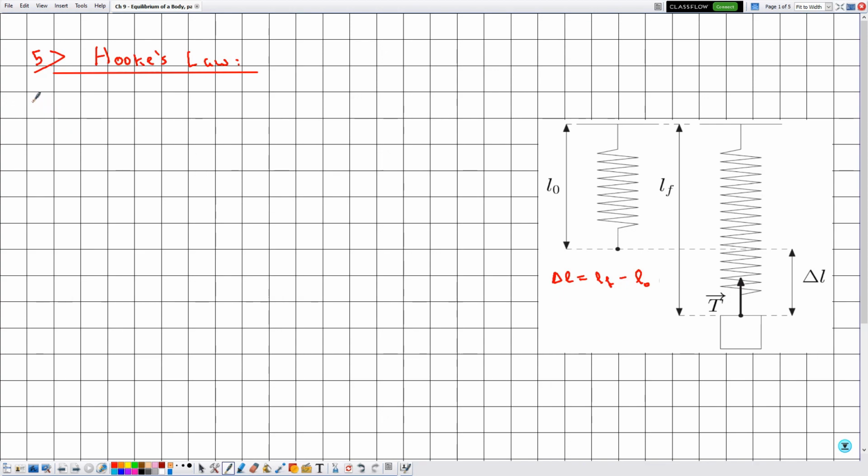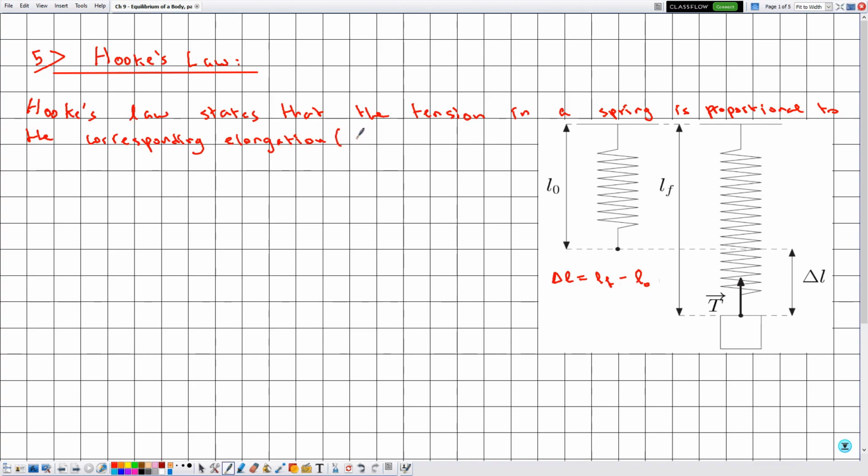So let me write Hooke's law here. Hooke's law states that the tension in a spring is proportional to the corresponding elongation, and later on in the next section we will consider also the case where the spring is being compressed.